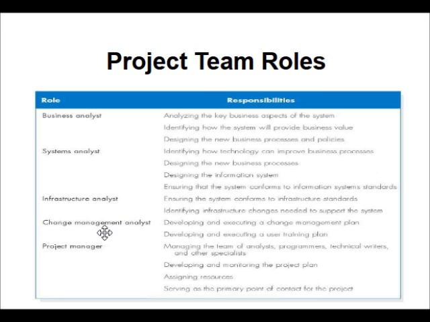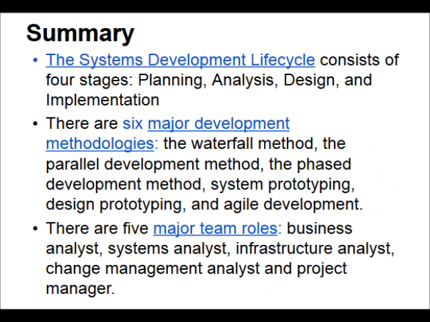The change management analyst is responsible for developing and executing a change management plan and developing and executing a user training plan. And finally, the role of the project manager is managing the team of analysts, programmers, technical writers, and other specialists, developing and monitoring the project plan, assigning resources, and serving as the primary point of contact for the project.